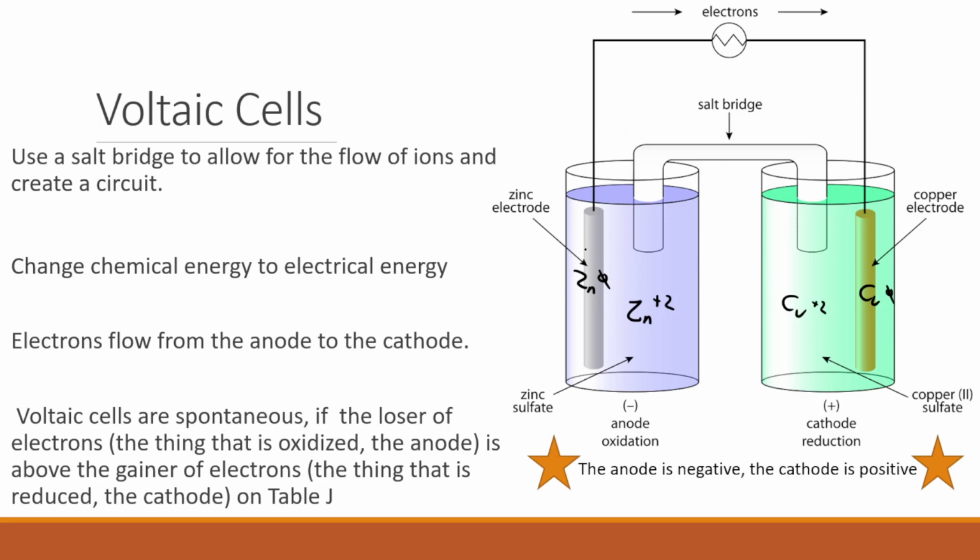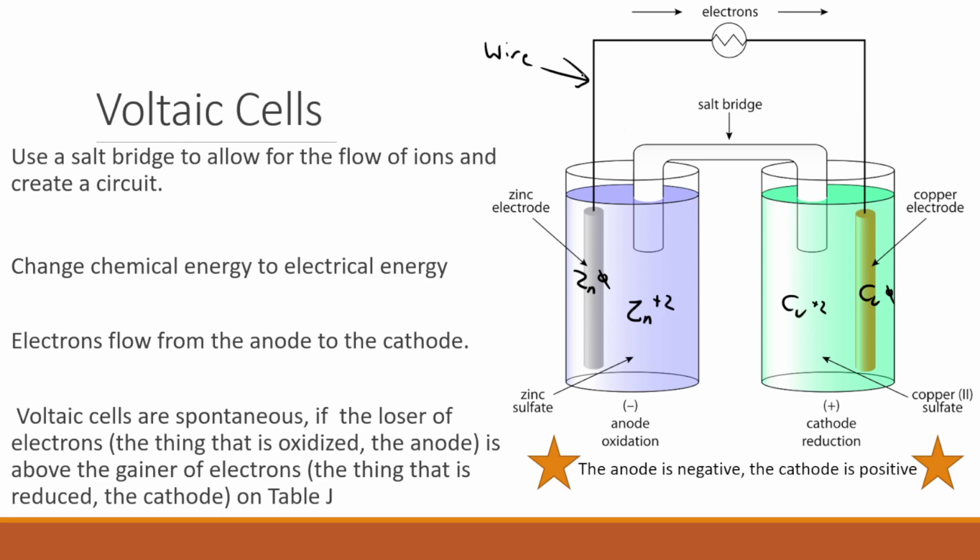If we keep the zinc and the copper separated from each other and use a wire to connect them, the electrons that are lost by the zinc can travel up through the wire over to the copper. Anytime electrons pass through a wire, that's electricity.